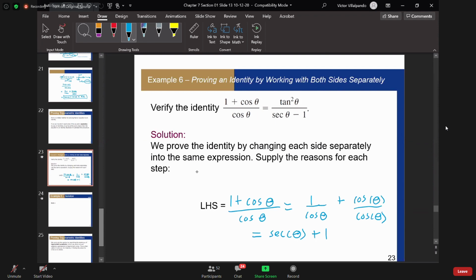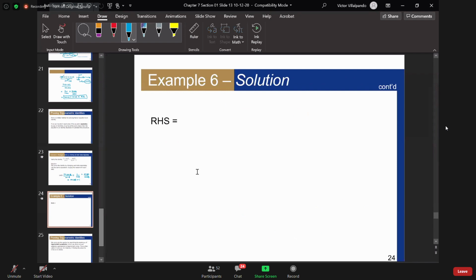That helps verify that this is a trigonometric identity without actually having to arrive at either side. That's another technique we can use. If we can arrive at the same expression during our proof on both sides, then that is a legitimate trigonometric identity. So let's start with the right-hand side.